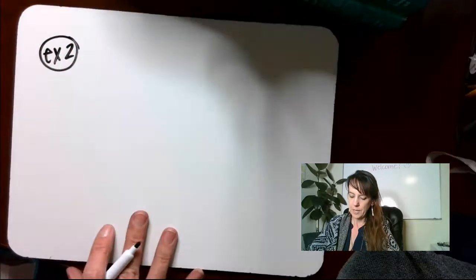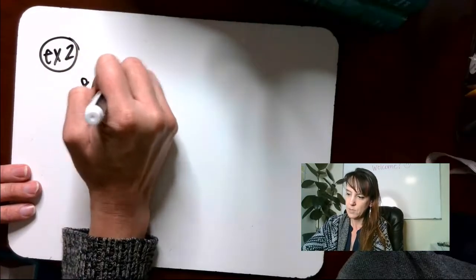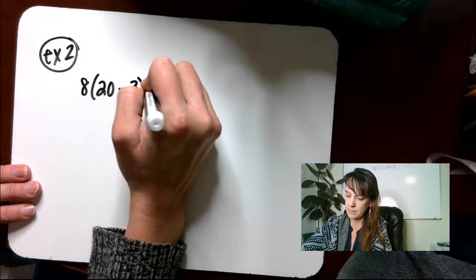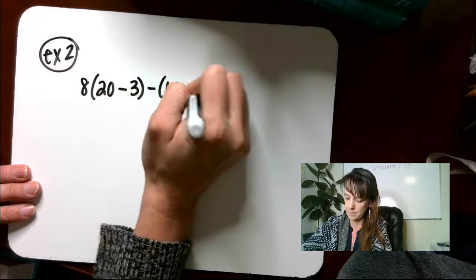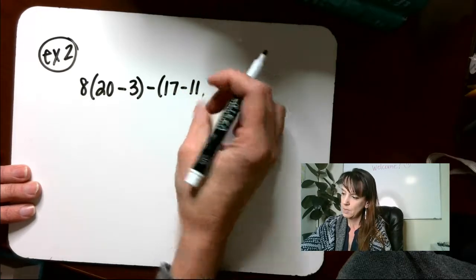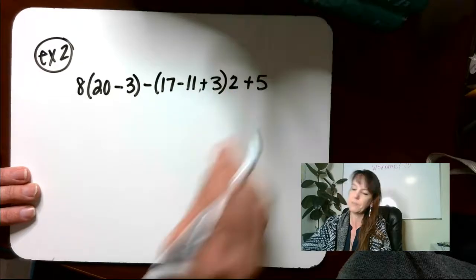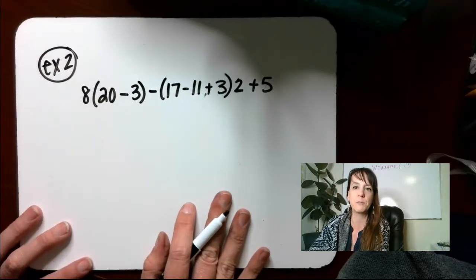Example 2, we have 8 times the quantity 20 minus 3, minus the quantity 17 minus 11 plus 3, times 2 plus 5. Whoops, got a little excited to close my parentheses there. All right, again, we're going to do all those parentheses first, right?